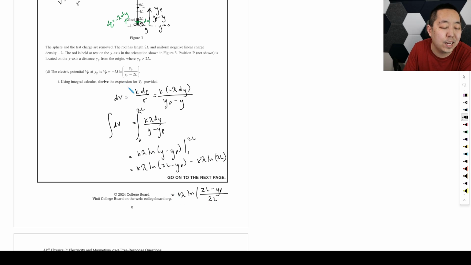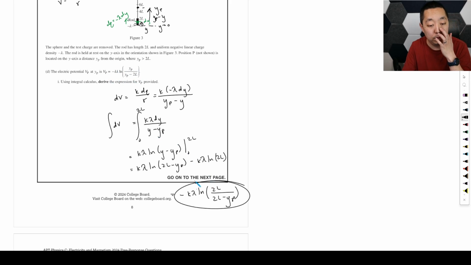Oh, but they want a negative sign. So they're going to pull out a negative sign and flip it upside down, which is valid. Then you have to factor out a negative 1. That gives k lambda ln of 2L over 2L minus yp. Okay, cool, so it matches. Wait, this is not 2L, I don't know why I said this is 2L.